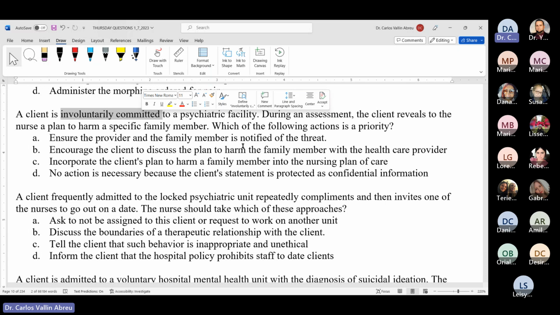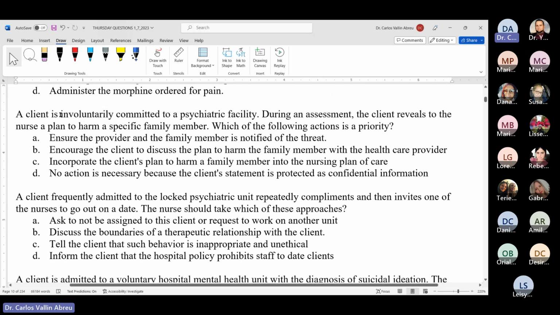Involuntary commitment. Okay, this is the term for when a person is a risk for himself or to others.